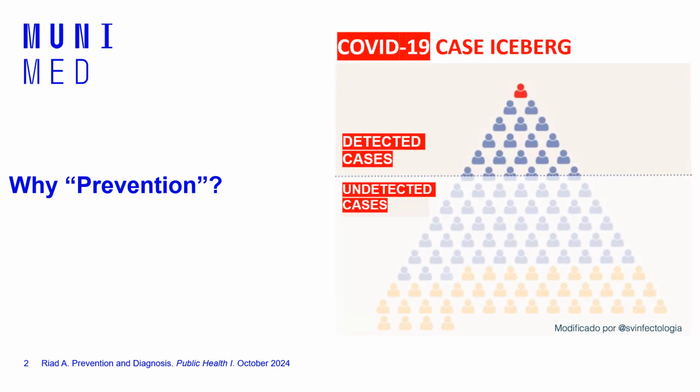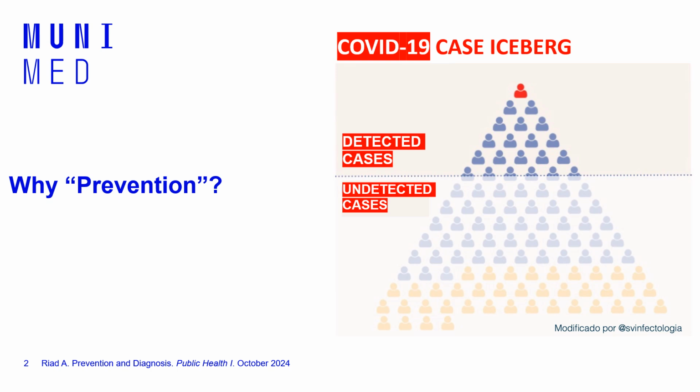Let's start. Why prevention? Why is it important for health systems to try to prevent diseases? In fact, if you look at any disease, not only COVID-19, as you can see in this graph, but in general, all diseases look like this one. We have two separate groups of individuals who are at risk or who already have this disease.